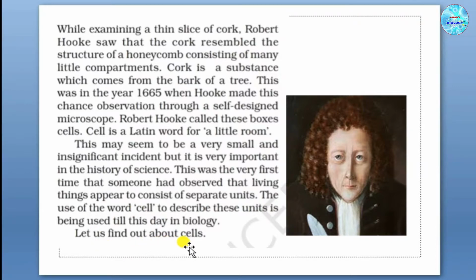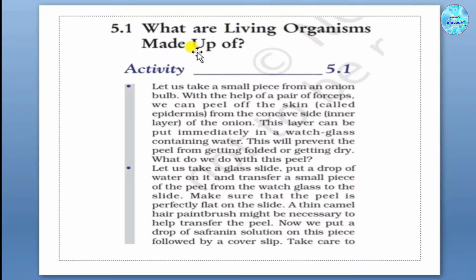Now we will find out more about cells. What are living organisms made up of? For this, we have to come to an activity. We will take a small piece from an onion bulb, and with the help of a pair of forceps, we will peel off the skin of the onion bulb.